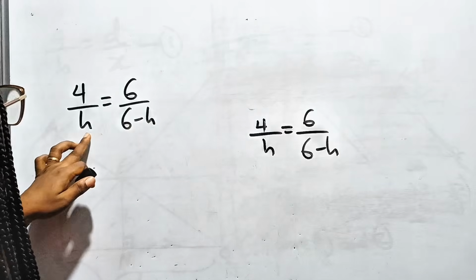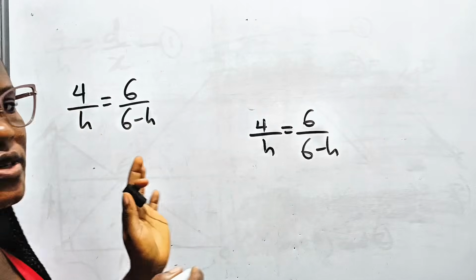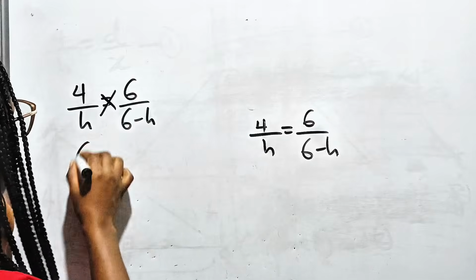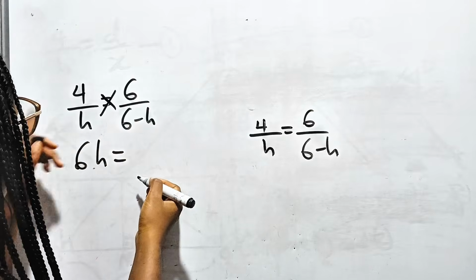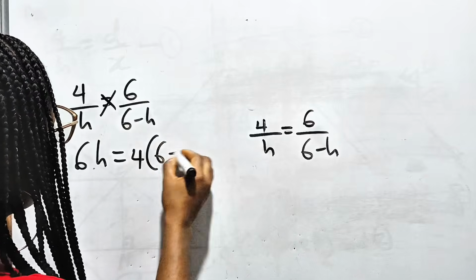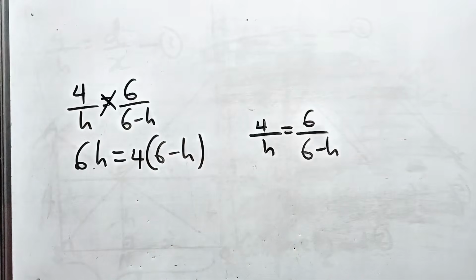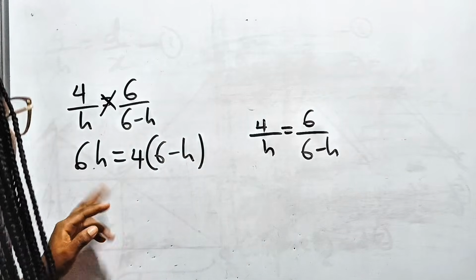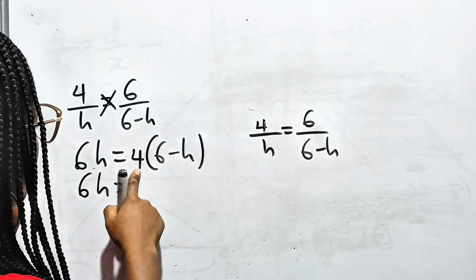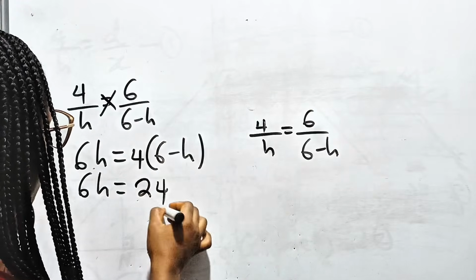Okay. Now let us cross multiply. If we do that, we have 6 times h is 6h is equal to 4 times, this will be 4 bracket 6 minus h. Okay. All right. Now we solve. 6h is equal to 4 times 6 is 24.